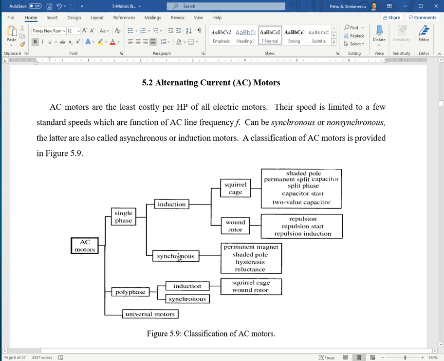And then you have the synchronous types, and they could be permanent magnet, shaded pole, hysteresis, reluctance.